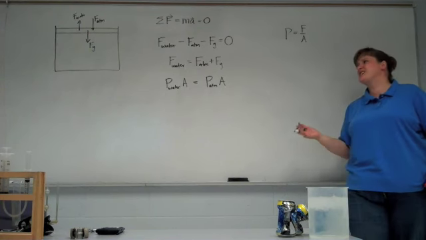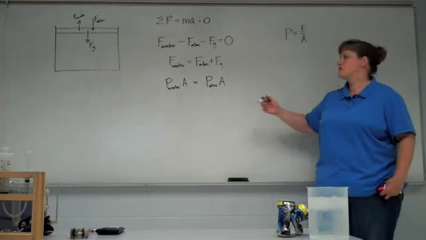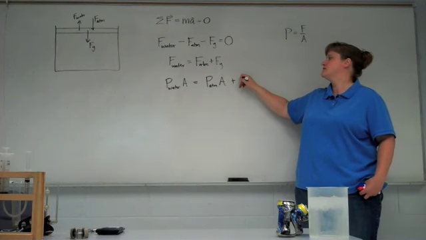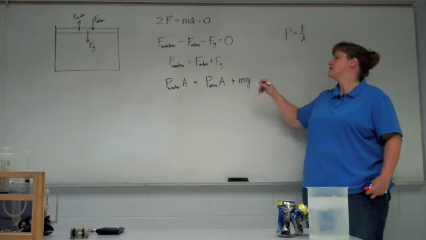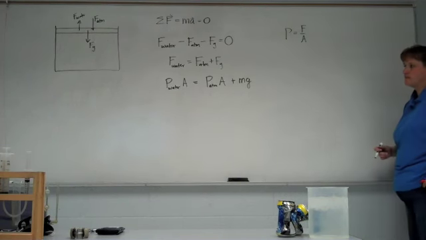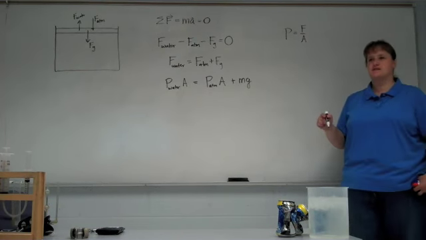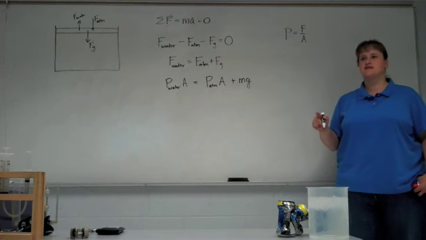Now with gravity, we don't tend to talk about gravitational pressure. So we're still going to call it mg. But we don't tend to talk about mass. We tend to use densities instead.